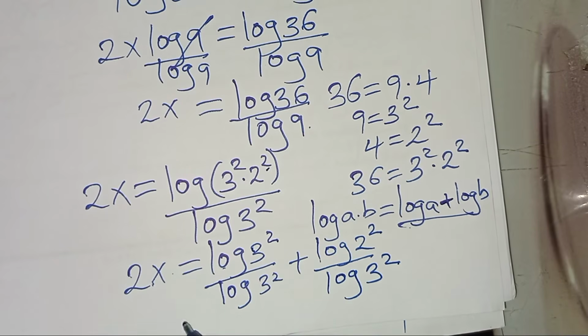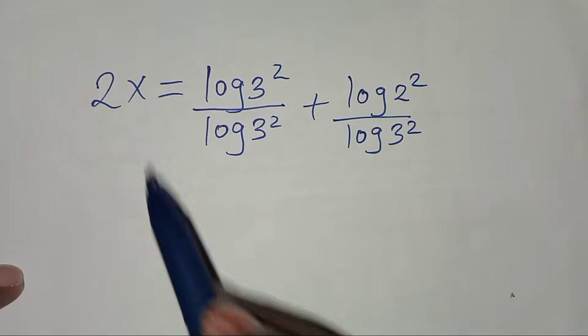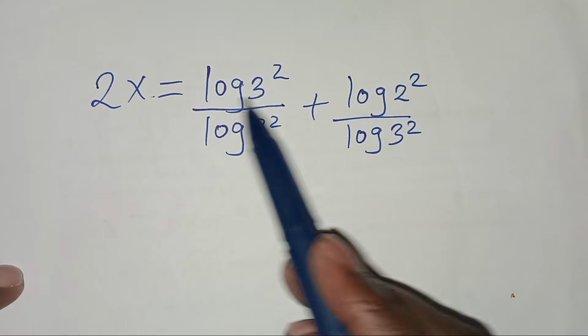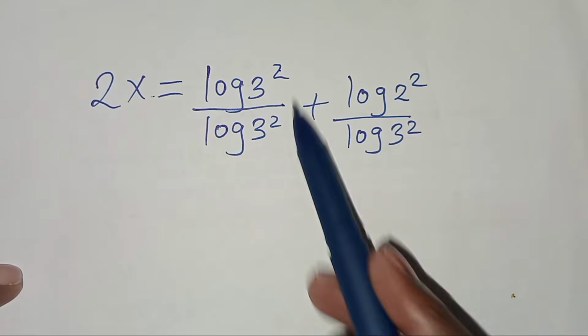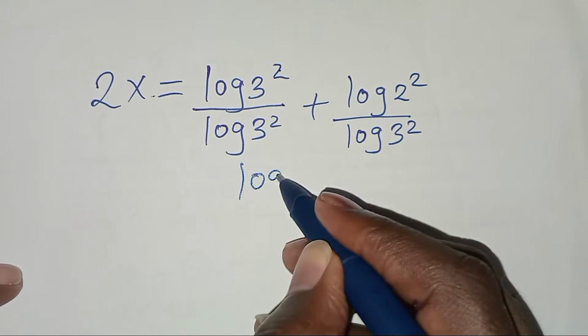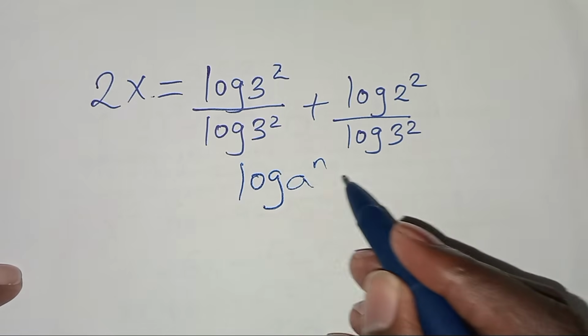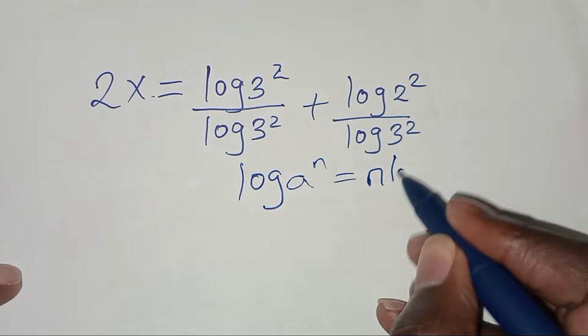Okay, so let's simplify this further as follows. We have that 2x is equal to log 3 to the power 2 divided by log 3 to the power 2. Now applying the power rule property, that is log a to the power n can be expressed as n log a.